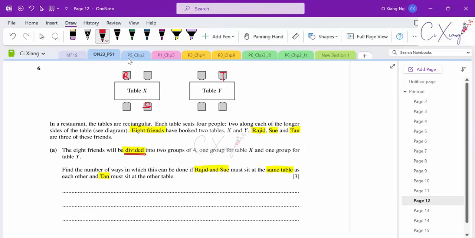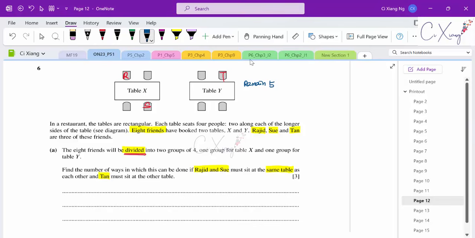Then only we consider how to choose the remaining 5. Remaining 5 friends: you want to separate them into 2 groups. So one group with 2 people into X, one group with 3 people into Y.